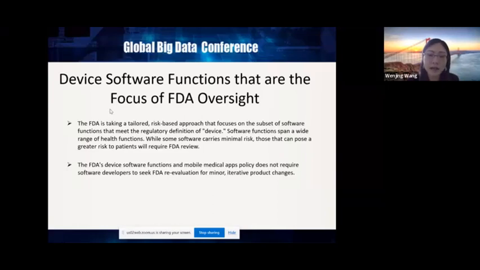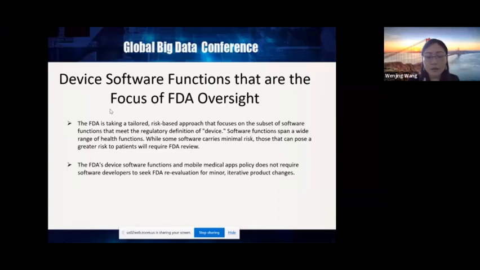Under each scenario, you need to receive FDA's clearance or approval before you could start commercializing the software. And the FDA's device software function and mobile medical application policy doesn't require software developers to seek FDA's re-evaluation for minor or iterative product changes.